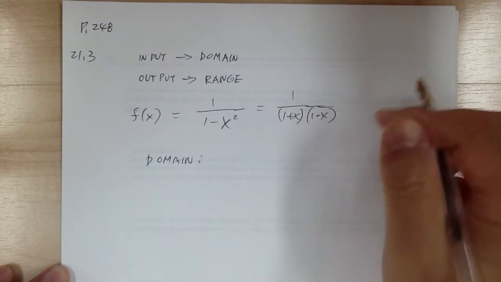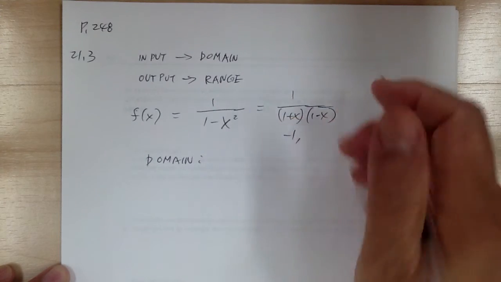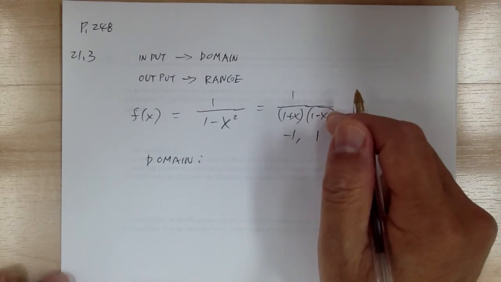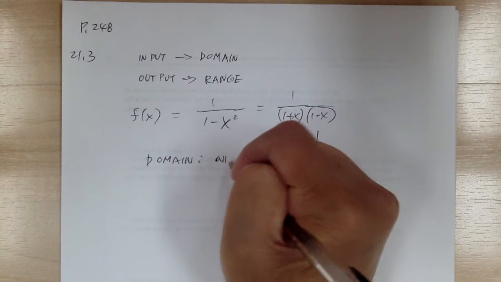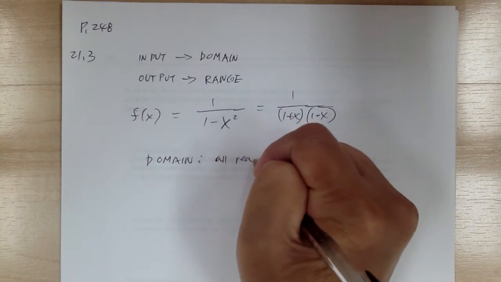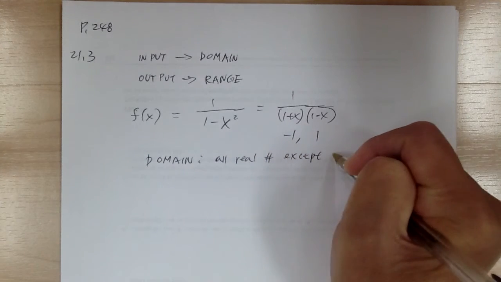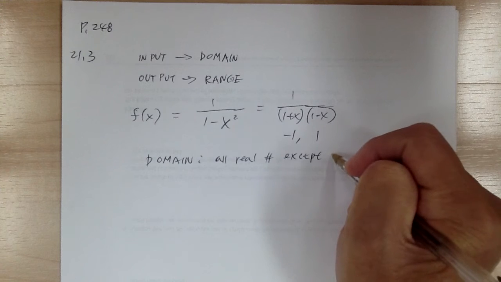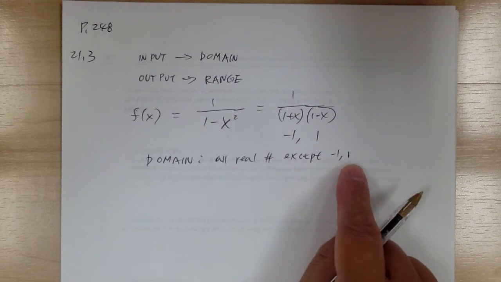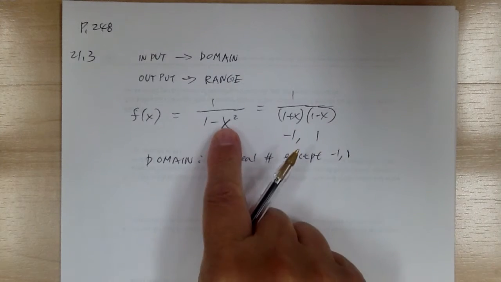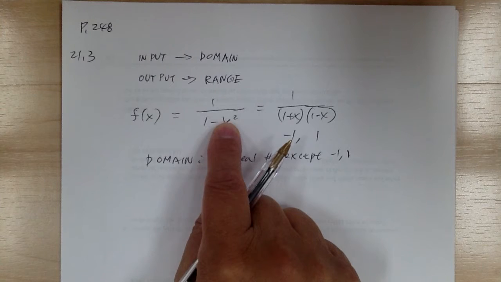You can see that when x equals -1, this is going to give you 0, or x equals 1 will give you 0. So this is not allowed. So the domain would be all real numbers except for -1 and 1, because this would give you 0 in the denominator, which is undefined.